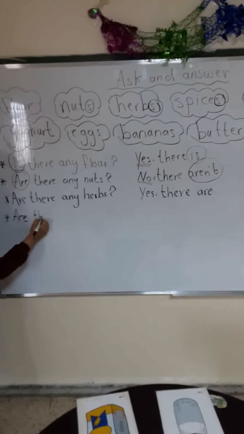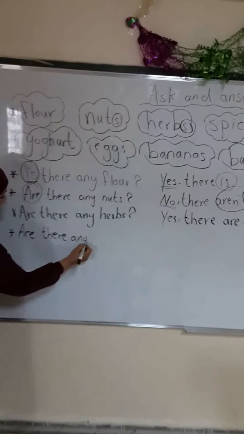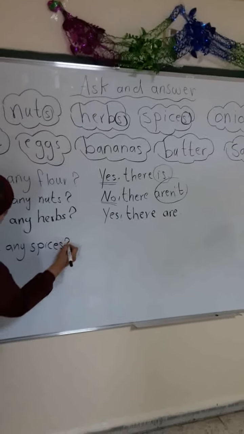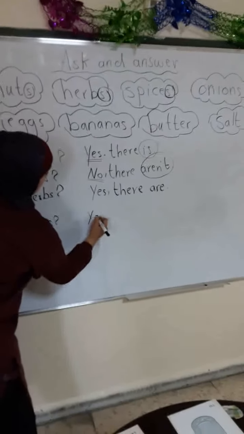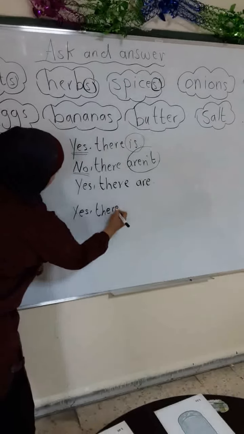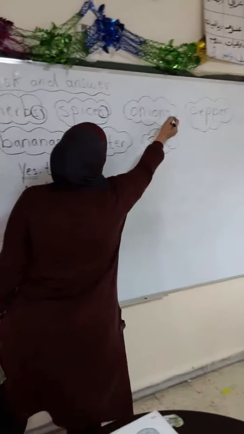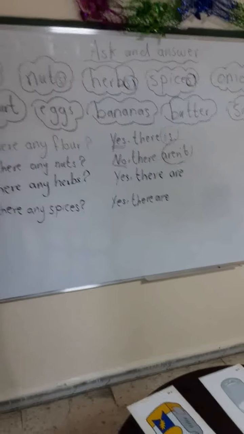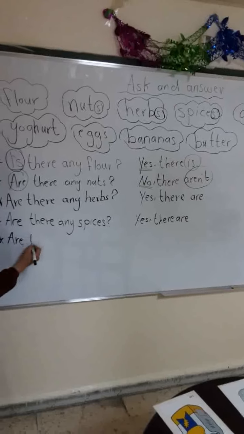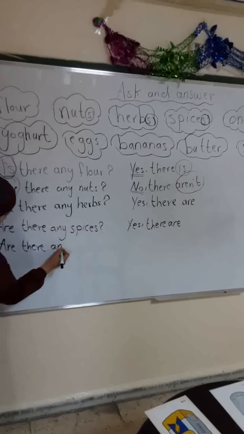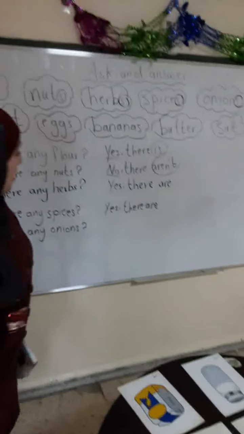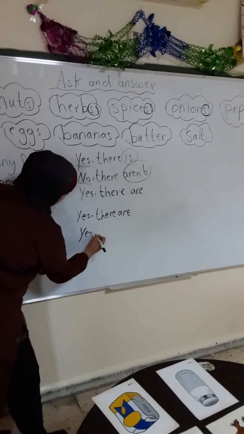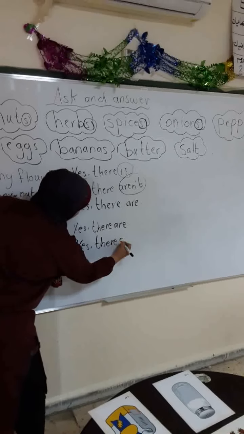Are there any spices? Look at the table. The answer here is yes, there are. Onions, plural. Are there any onions? Look at the table. Yes, there are onions. Yes, there are.